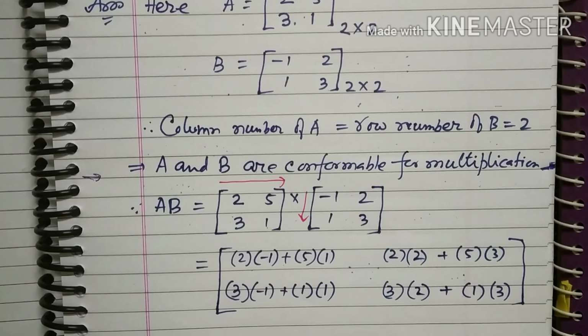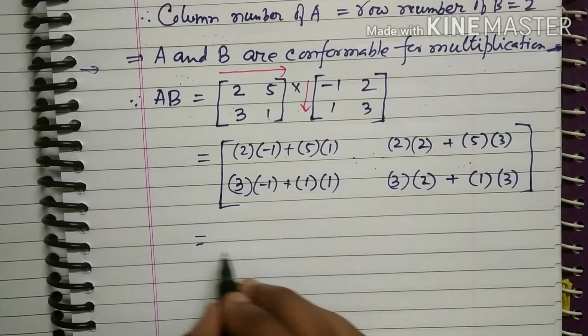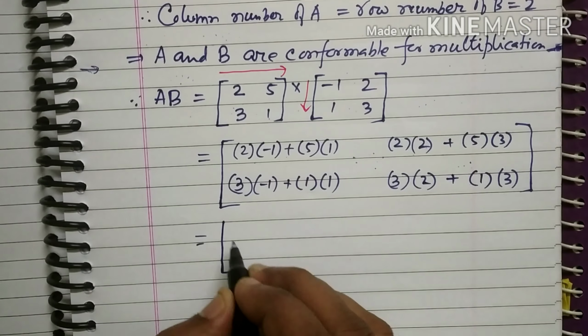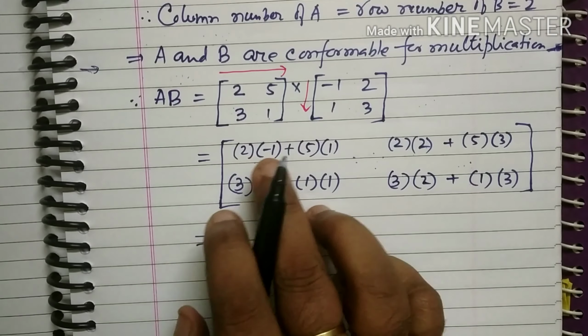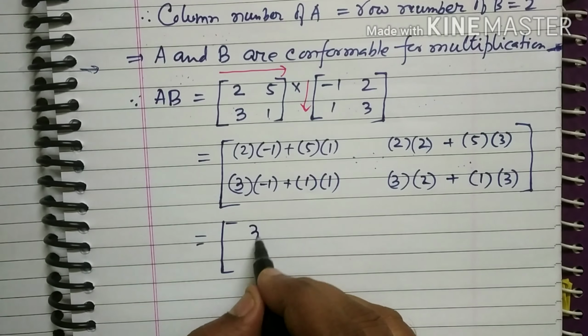Clear? Okay, then 2 minus 2 plus 5 is 3.